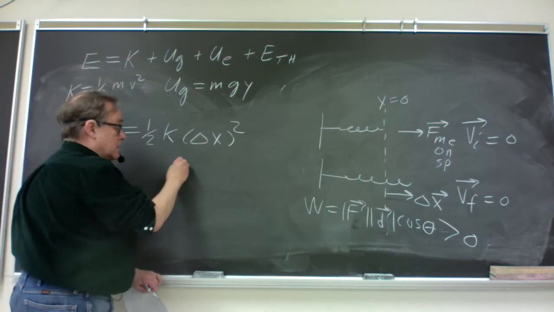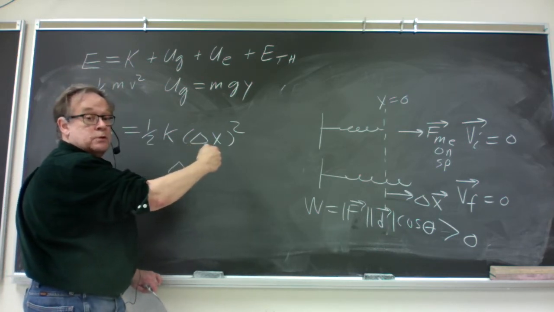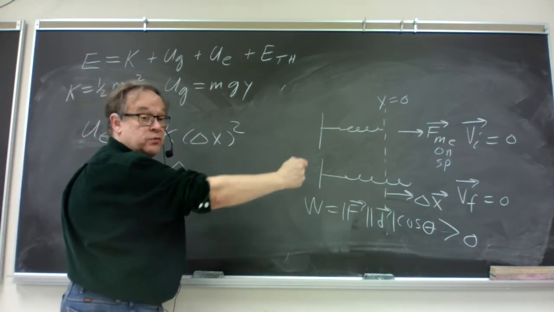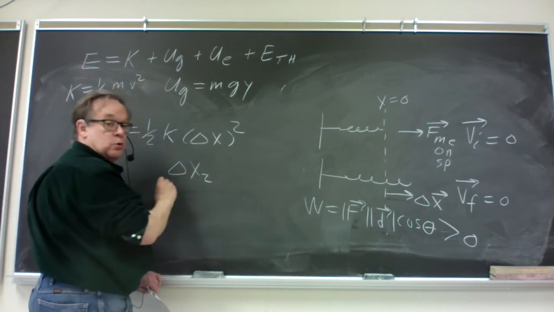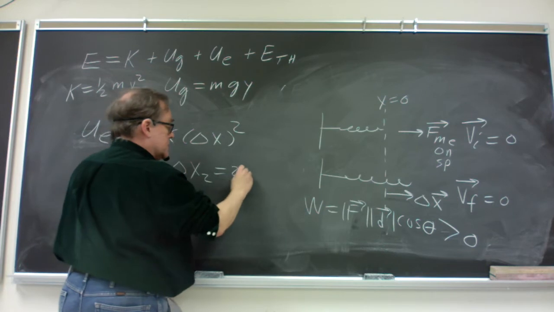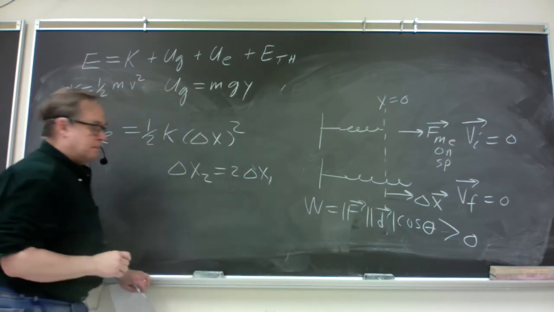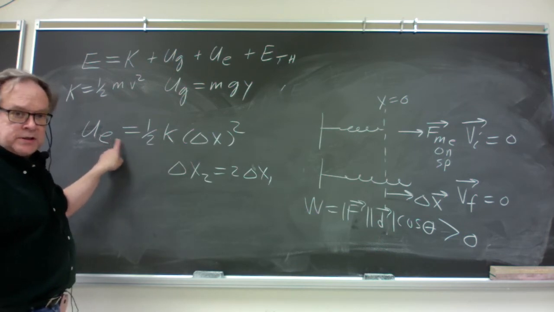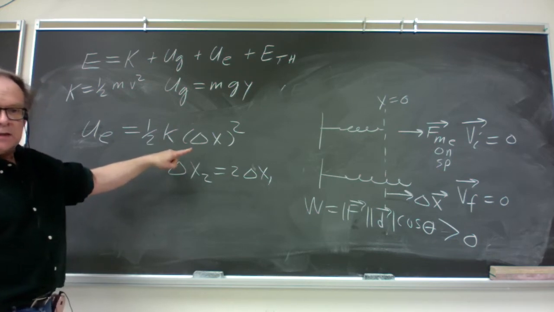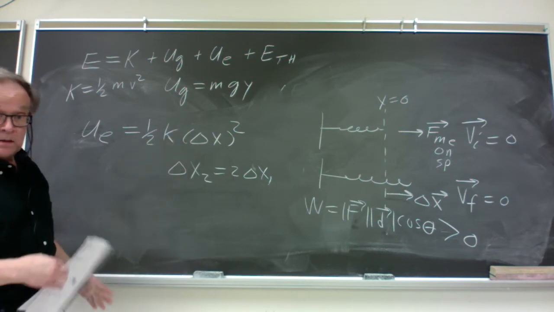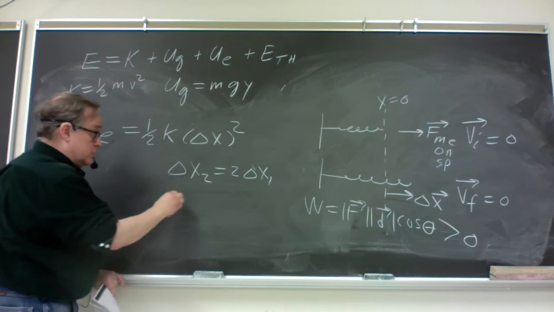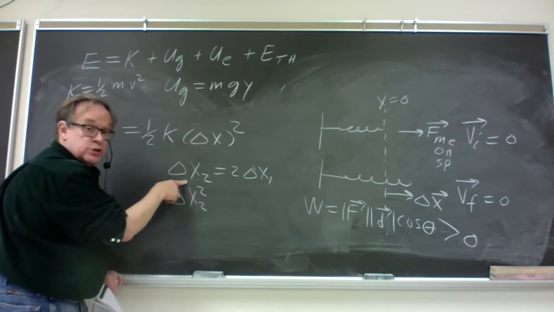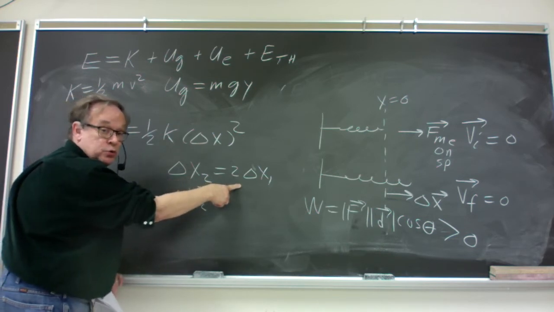Because let's say I pull it a certain length and then let it snap back to its original shape, and then pull on it twice as far. So the second time I pull on it, the displacement is twice as big as it was in the first case. But looking at this rule, the elastic potential energy doesn't depend on the displacement, it depends on the displacement squared. So how does the displacement squared change? Well, the displacement squared is just the square of this, which is equal to the square of this.